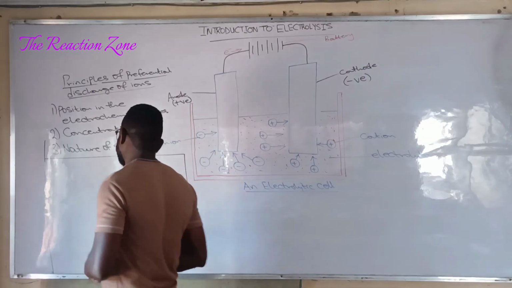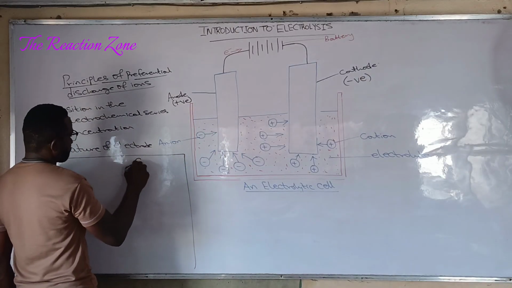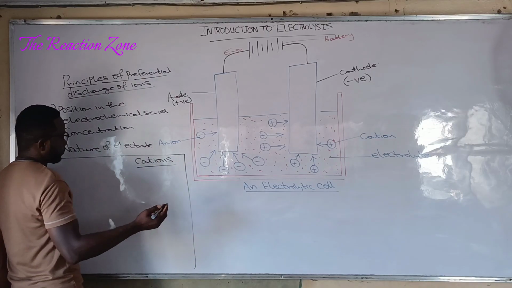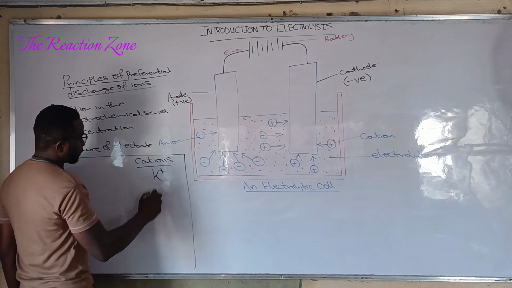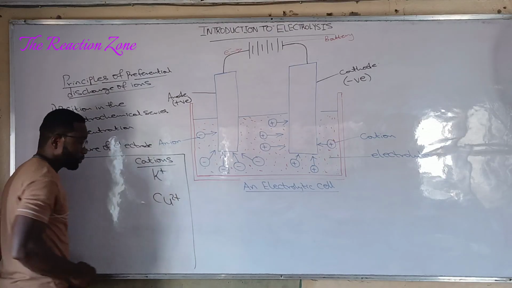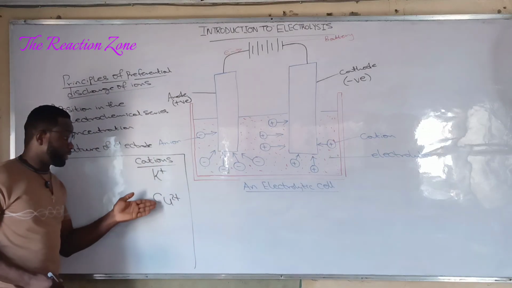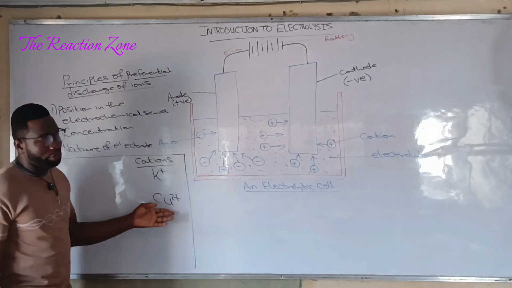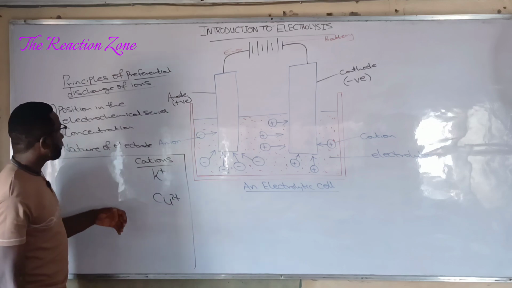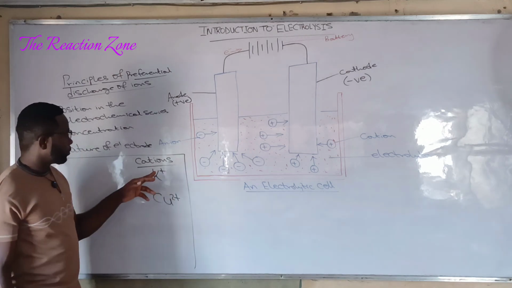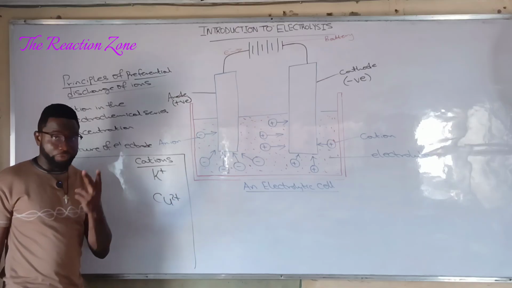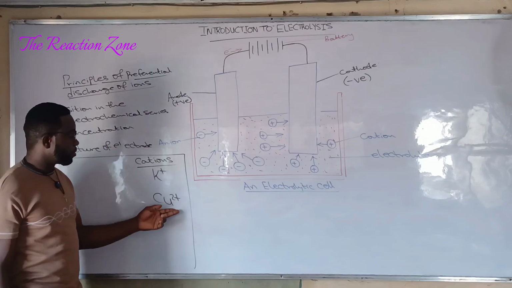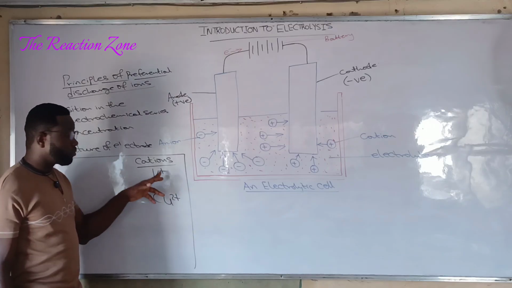For instance, if there are two types of cations in an electrolytic solution, for example, potassium ion and copper 2 ions, copper 2 ions is going to be preferentially discharged to potassium ions. The reason? Because copper 2 ions is lower in the electrochemical series than potassium ions.